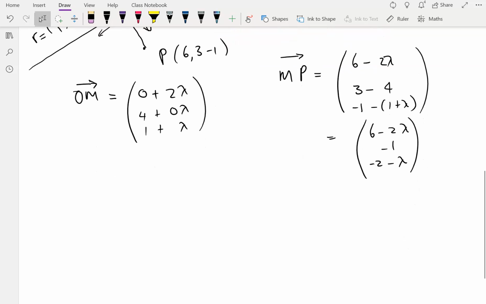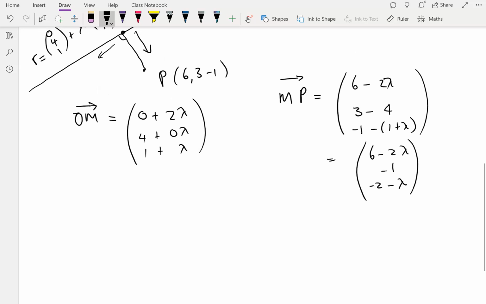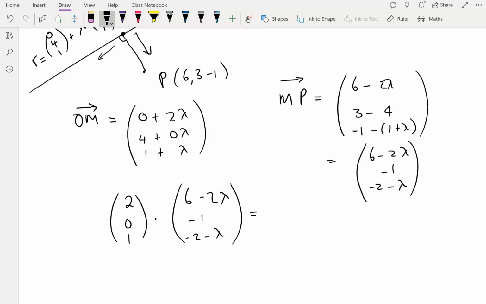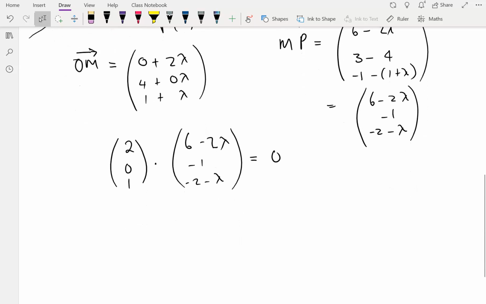I can take the dot product of (2, 0, 1) with (6 minus 2 lambda, -1, -2 minus lambda). And because those lines are supposed to be perpendicular, we know that dot product is going to equal 0.